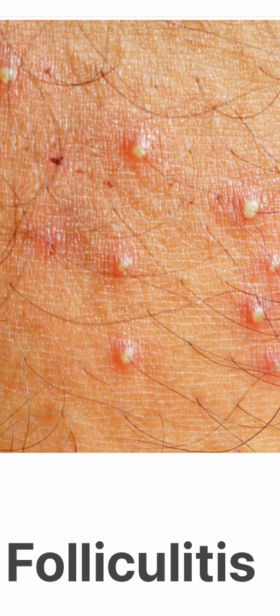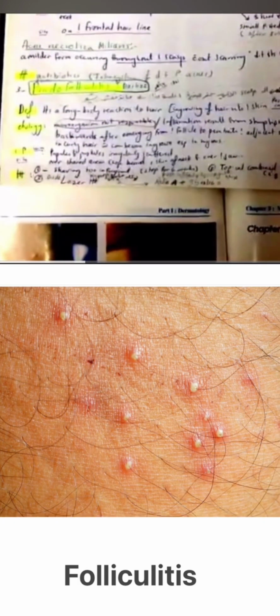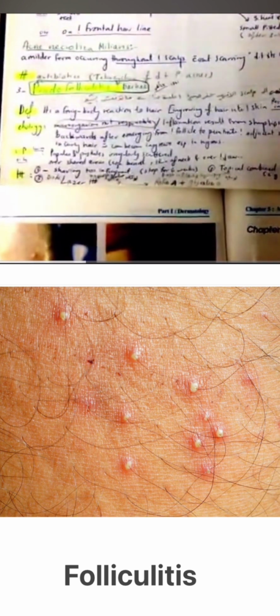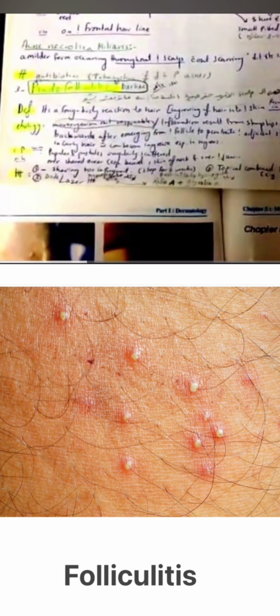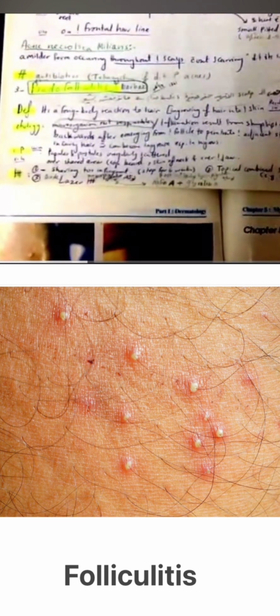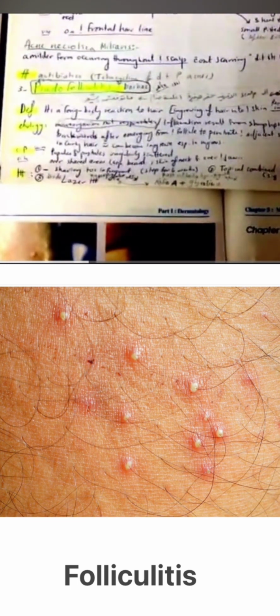Pseudofolliculitis barbae. It is a foreign body reaction to the hair growing into the skin, resulting in red papules and pustules. The etiology: microorganism is not responsible. The inflammation results from the sharp edges of the hair that curve backwards after emerging from the follicle and penetrate the adjacent skin.